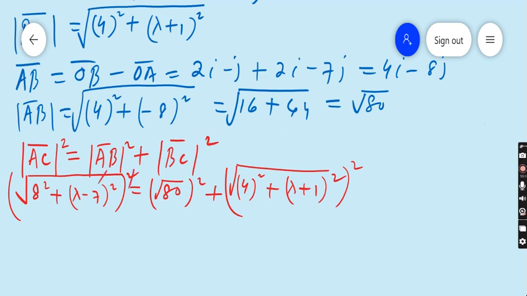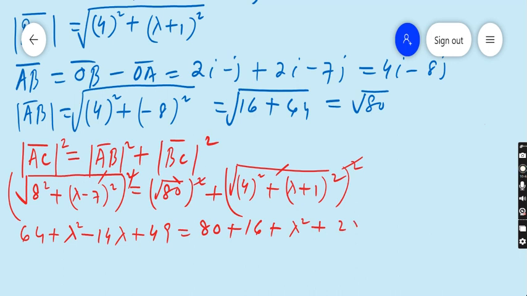Square and root cancel. 8 square is 64 plus lambda minus 7 whole square. Apply the a minus b whole square formula: a square minus 2ab, minus 14 lambda plus 7 square is 49, is equal to, square and root cancel, 80 plus, square and root cancel, 4 square is 16. Lambda plus 1 whole square is lambda square plus 2 lambda plus 1.